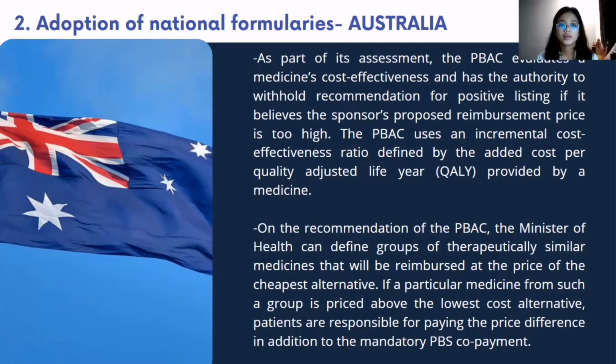The cheapest alternative will be the cheaper but effective drug product. If a particular medicine in a group is priced above the lowest cost alternative, the patient is responsible for paying the price difference in addition to the mandatory PBS co-payment.